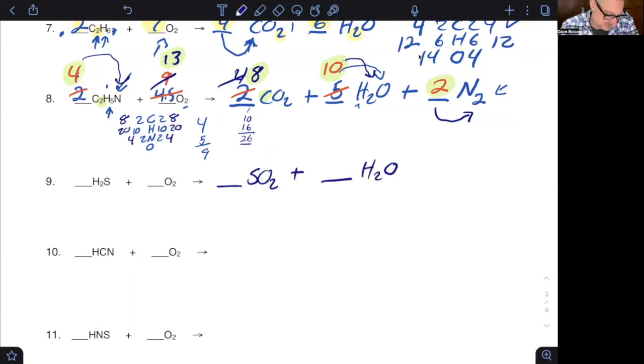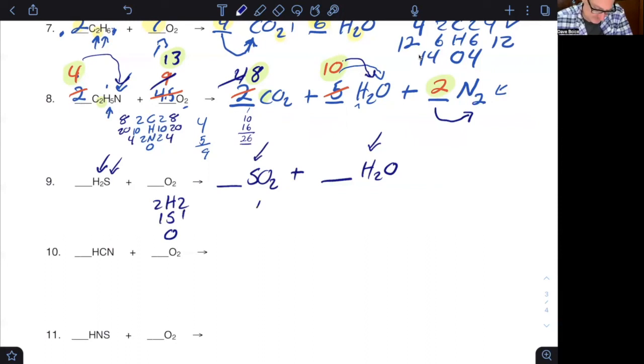Okay. All right, let's see. Hydrogen, I have 2 here and 2 here, so that's good. For now, they're good. Sulfur, I have 1 here and I have 1 here, so that's great.